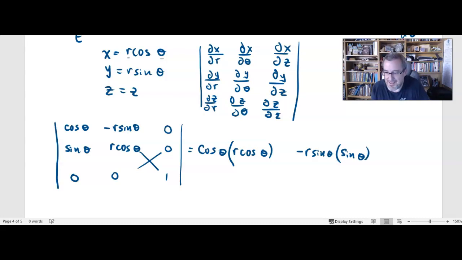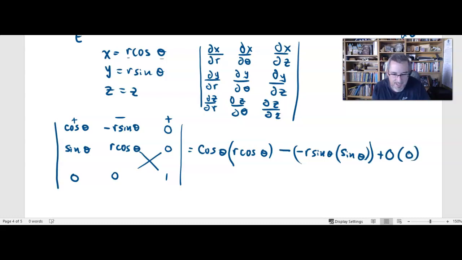Remember, when we did this, it was whatever happened here plus, whatever happened here minus, whatever happened here plus. Remember the plus minus plus deal? And now watch this. When we get to this one, it's going to be 0 times its minor, which would be 0 minus 0.